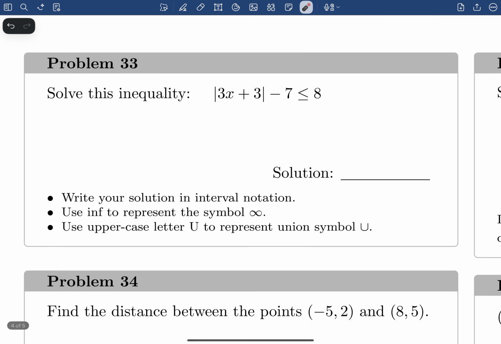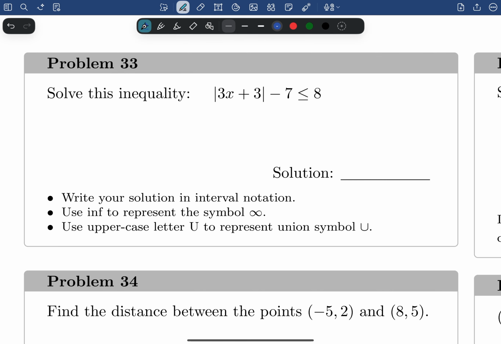All right, well, what about absolute value inequalities? Now instead of an equal sign between the absolute value stuff, we have a less than or equal to sign in this case. I would refer you back to your 2.7 notes, which are incredible at explaining what we do in these situations, but I'll be very clear.